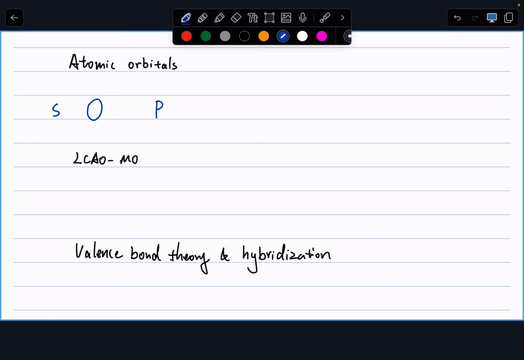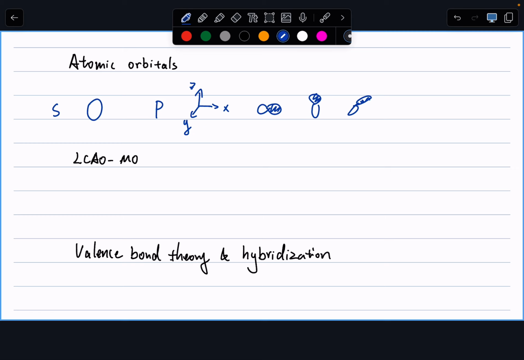And we have our 3 p atomic orbitals. If we're using Cartesian coordinates x, y, and z, we have 3 of them aligned on each axis. Now this one is coming in and out from the screen. All right, so these are atomic orbitals.